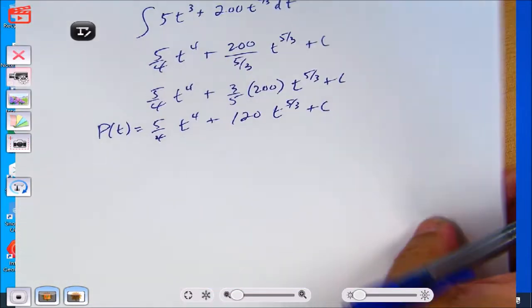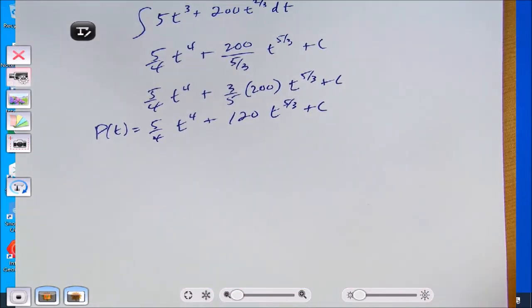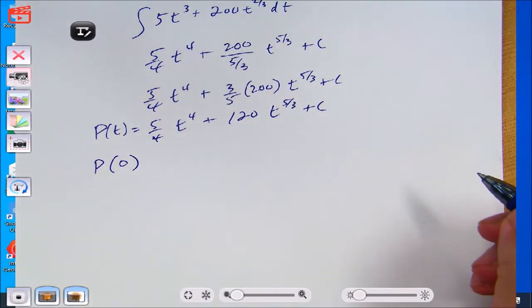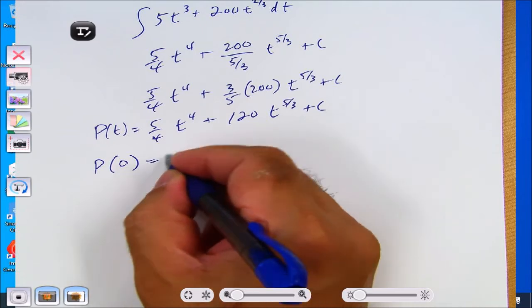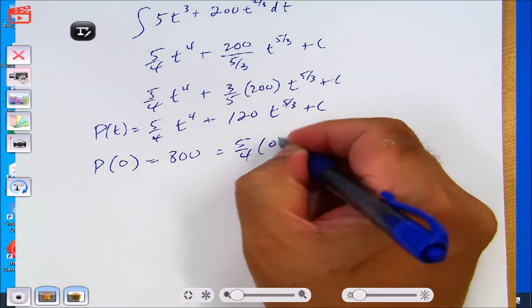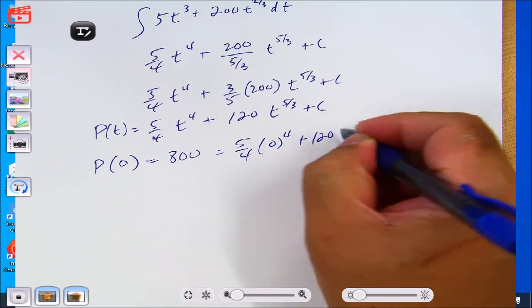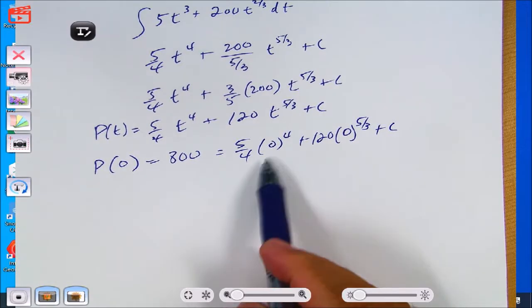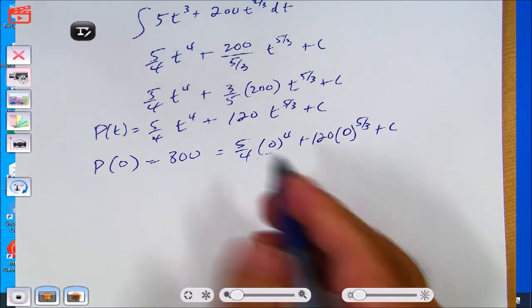Alright, now I'm going to solve for C. We're told that the initial population, that means when time equals 0, was 800. So we're going to plug in 0 for t and solve for C. So t equals 0 wipes out all that, so we'll just get C equals 800.